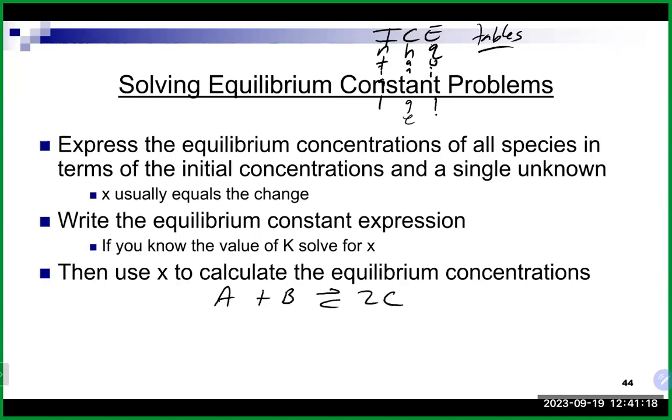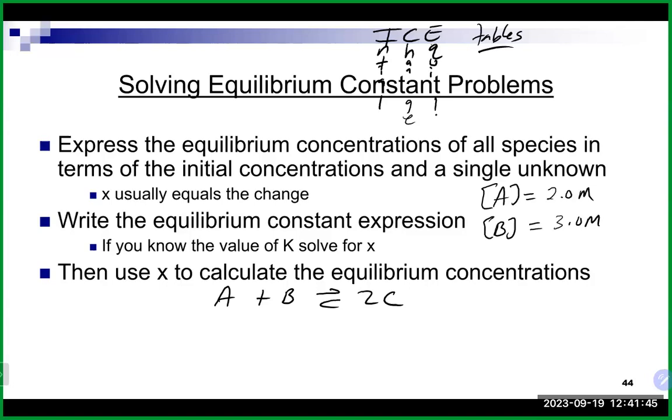In this particular case, let's say that we have an initial concentration of A of, we'll go with 2 molar. And we have an initial concentration of B of 3 molar.